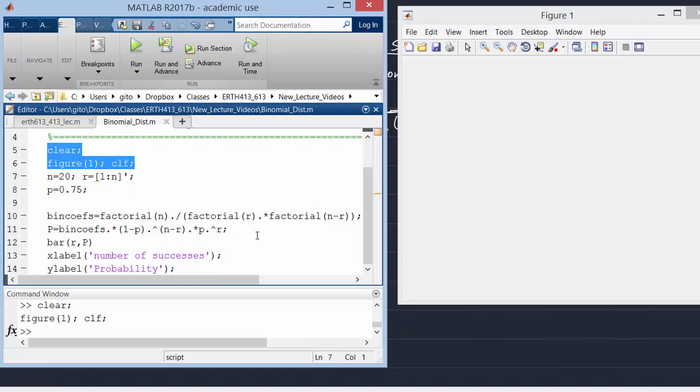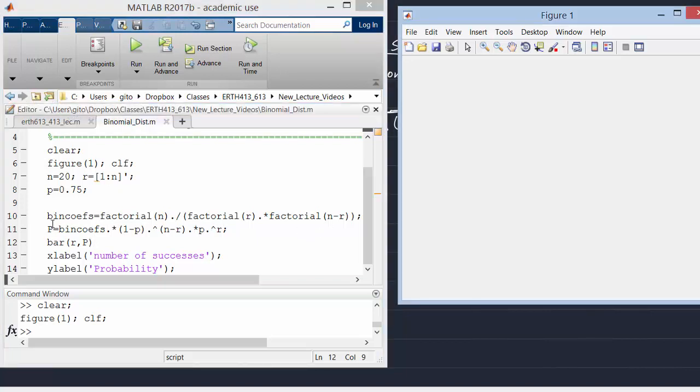So let me go ahead and, okay, so the way this is coded is, first I have to compute our binomial coefficients, and those are the combinations given n and r, and then I multiply those coefficients for all the possible values of r times the probability of one permutation, which is n minus r failures followed by r successes.